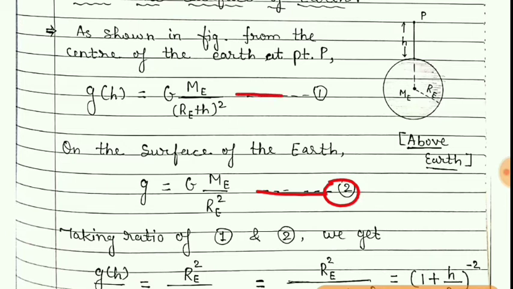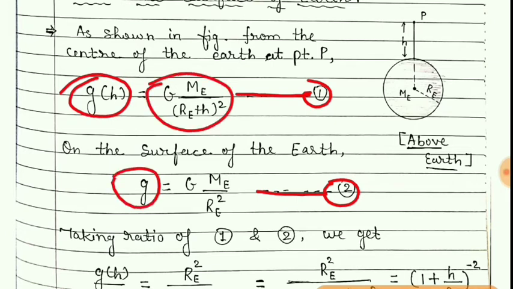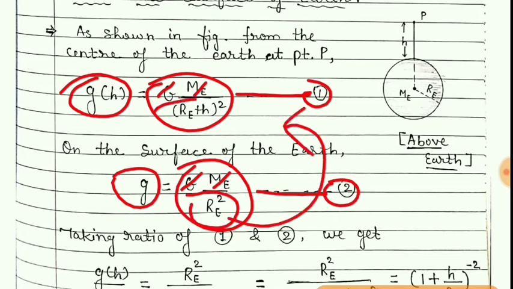Now comparing 1 and 2, meaning taking the ratio of equation number 1 and 2, on the left side we'll get gh upon g, and on the right hand side we'll get this upon this. But the common thing, GMe, will cancel, and this term which is in the denominator will be in the numerator, and this will give the term at the denominator.